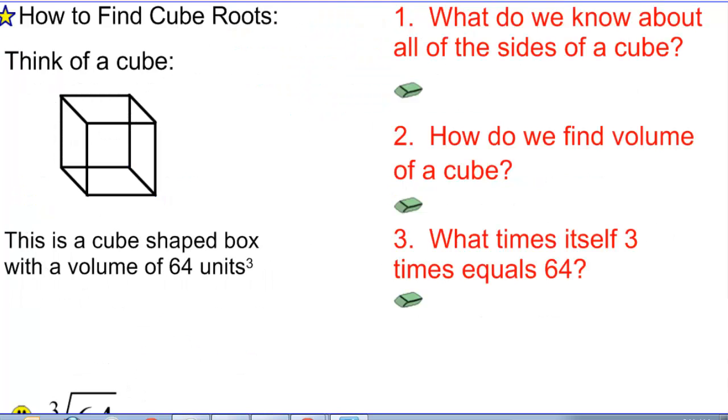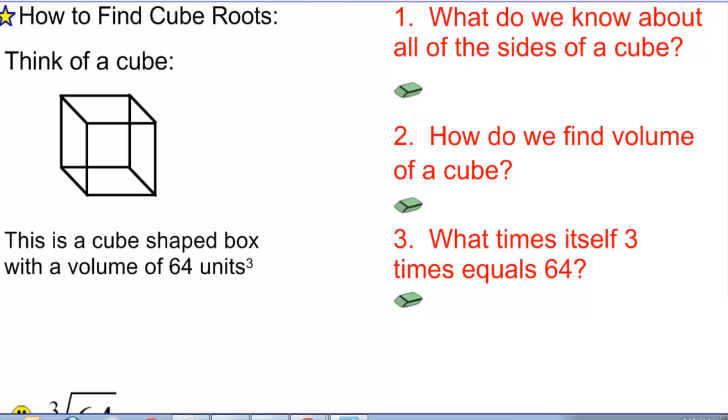So how do we find cube roots? Think of this cube right here. This is a cube, and it has a volume of 64 cubic units. So what I want to know is, what is the length of each of the edges of this cube? And so how would I figure that out? Well, I need to know, what do we know about all the sides of a cube?